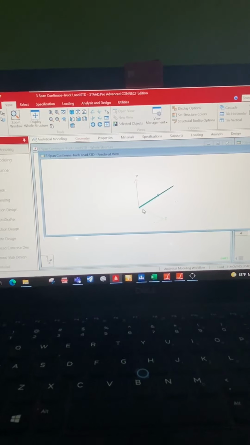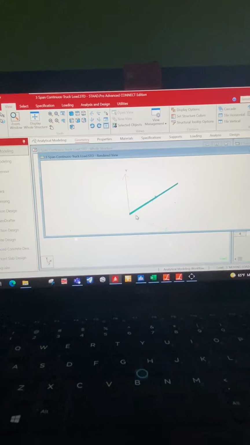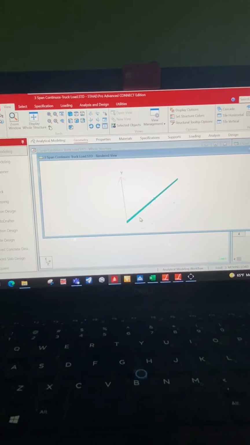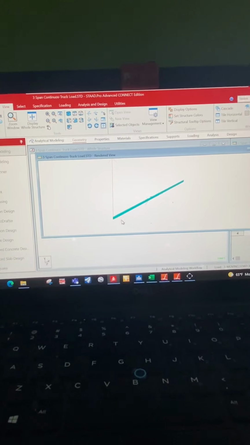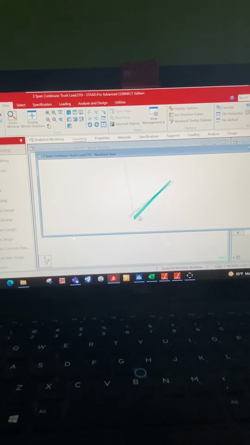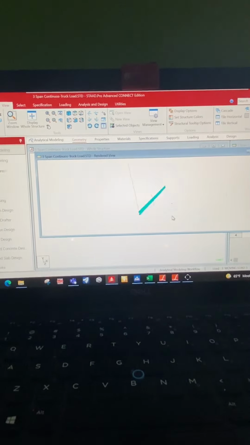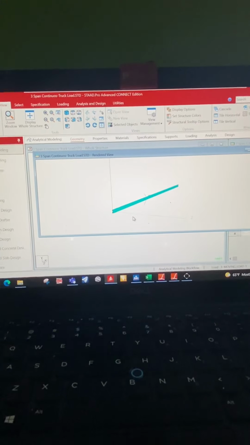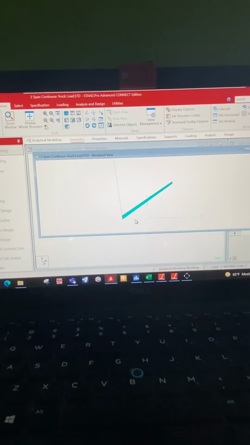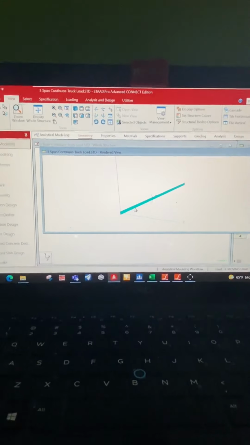Now, we could also do a 3D model in STAAD Pro, but I think Larsa 4D is a lot better when it does the 3D analysis for moving load at least. Okay, that ends our video.